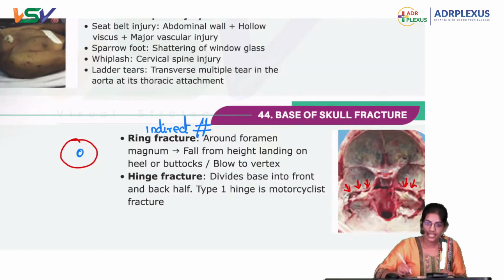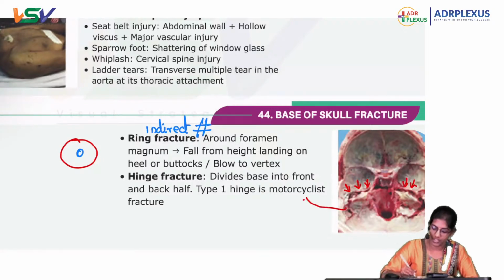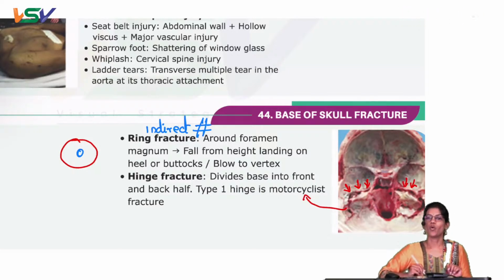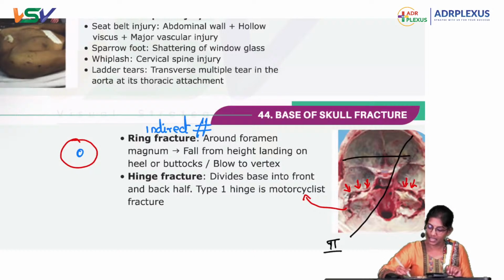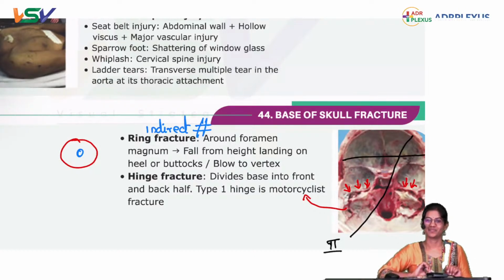This is type 1 hinge fracture, which is also called the motorcyclist fracture. Type 2 will go from anterior to posterior cranial fossa, and type 3 hinge fracture is seen in the anterior cranial fossa. So this is hinge fracture.